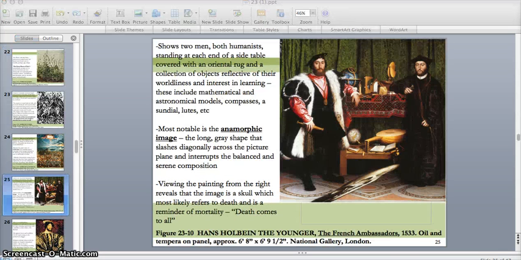So this is The French Ambassadors, painted in 1533, oil and tempera on panel by Hans Holbein the Younger. This is a double portrait, reflective of this reemergence of portraiture, which we already discussed. But what else did we talk about in this painting?